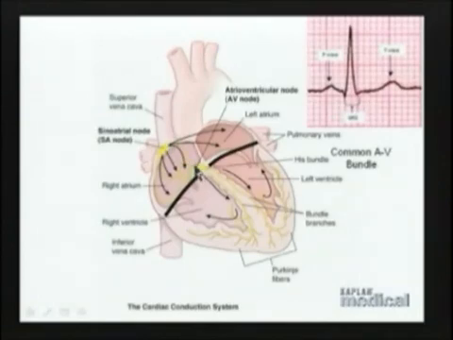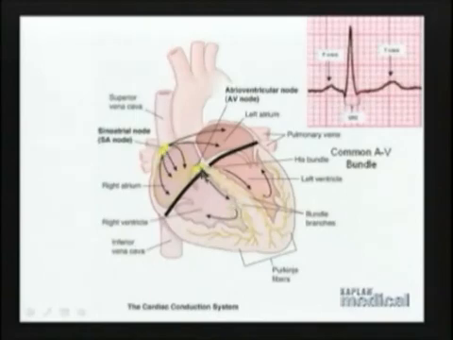So, for instance, if we want the SA node to depolarize faster than it normally would, we said normally it would be 65, 70, somewhere in that range. Well, if we need it to be depolarizing at 110 or 120 because we're busy running at the moment, we need to be able to tell it to speed up. So sympathetic nerves will do that. If we want it to slow down, parasympathetic nerves will tell it to do that.